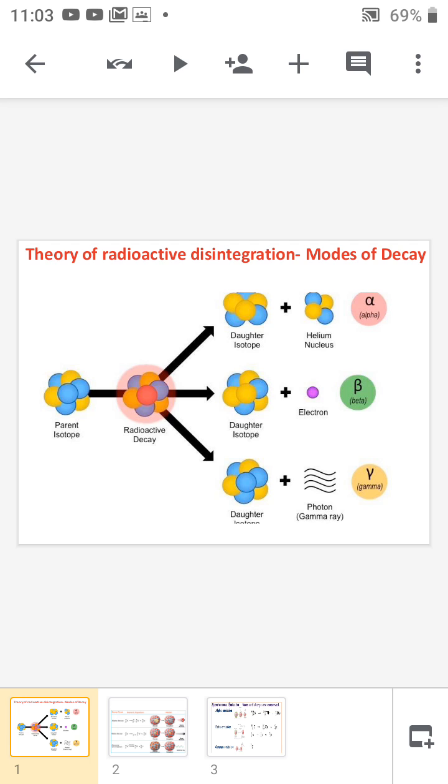While emitting alpha radiation, we know that alpha radiation is a helium nucleus, beta radiation is the flow of electrons, and gamma radiation has no charge. While emitting alpha radiation, the atomic number of the newly generated daughter nucleus is reduced by 2, and the mass number is reduced by 4.